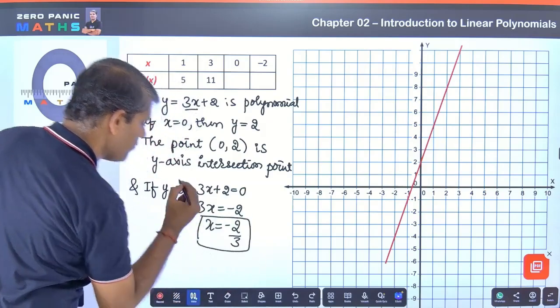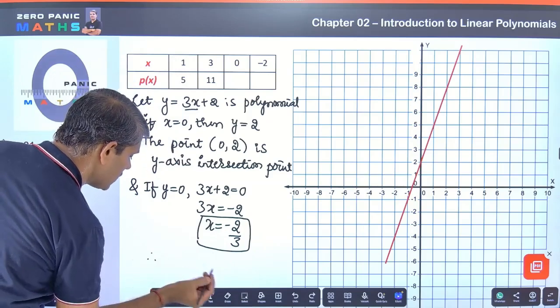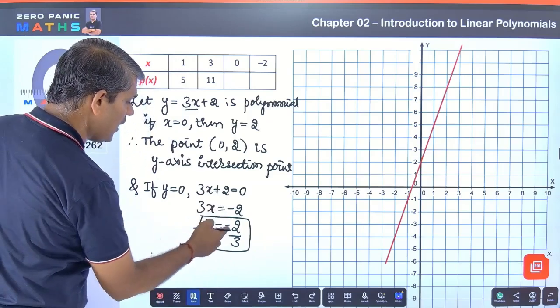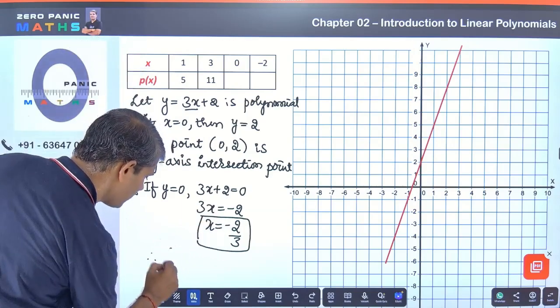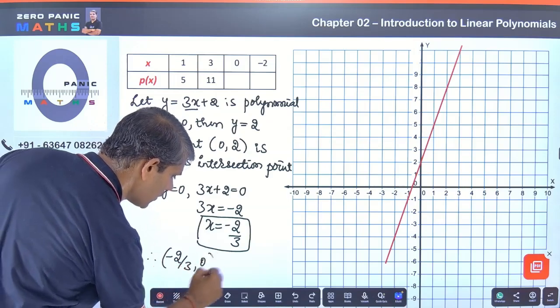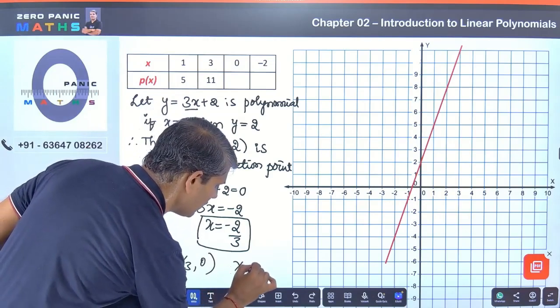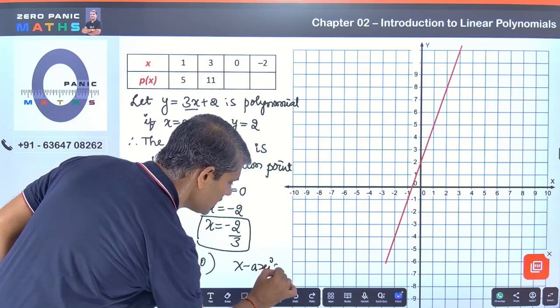Finally you can write, therefore the coordinate point is minus 2 by 3, 0, with y equal to 0. This is the coordinate point where the x-axis is cut.